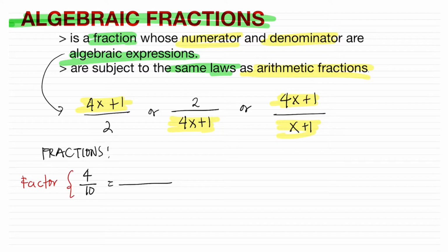So when we factor, 4 becomes 2 times 2, and 10 becomes 2 times 5. Now notice the 2s are the same, so we can cross this out or cancel it out. What's left is 2 over 5. So the simplified value of 4 over 10 is 2 over 5.